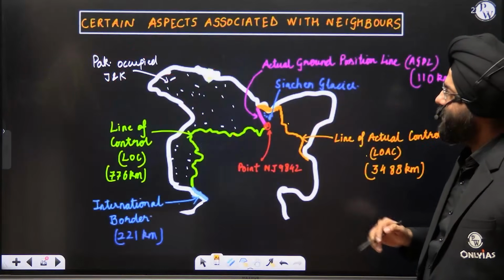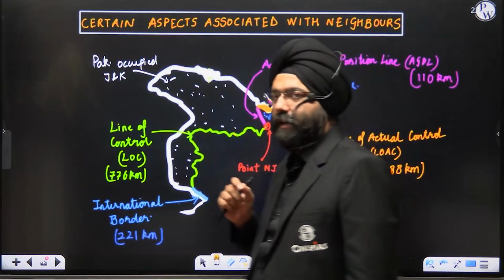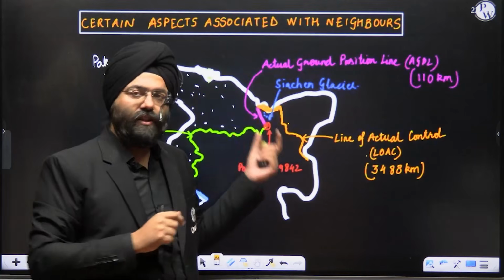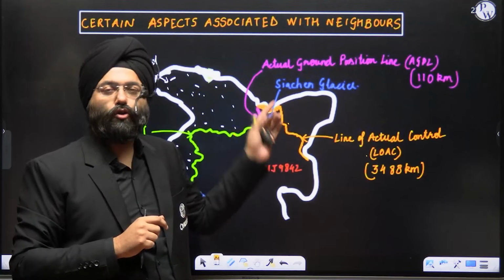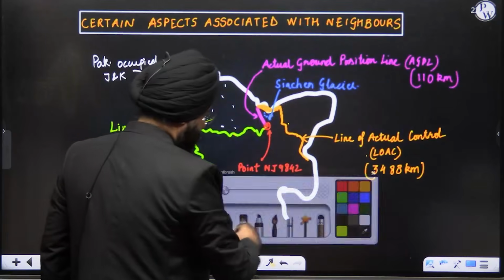LAC, let's understand. You know very well that there is a region which is occupied by China also. They call it Aksai Chin. This is the region of Pak occupied Kashmir, so this is the region which they have occupied.